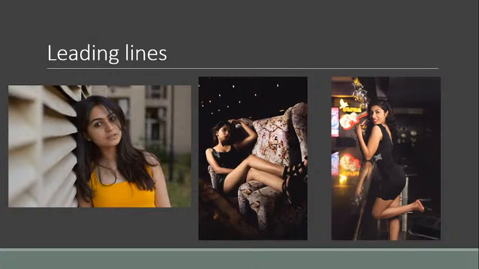These kinds of pictures give more depth to the image rather than a flat 2D kind of image. These kinds of angles give more depth and more drama to the image, right? Exactly. Similarly on the right side, the slab is acting as a leading line which goes into the image, and then there is your main subject.